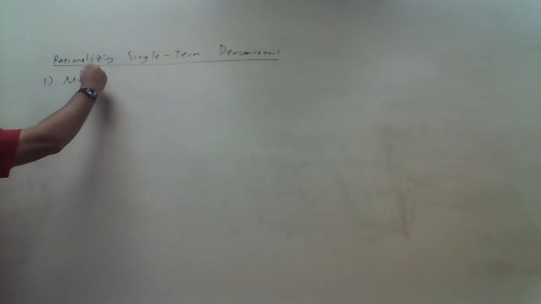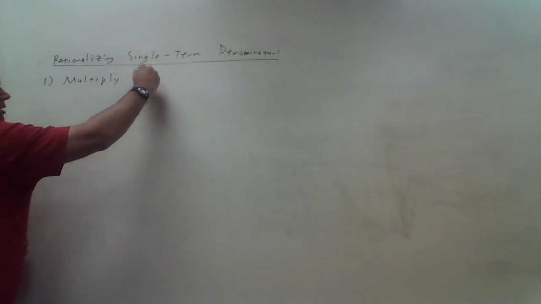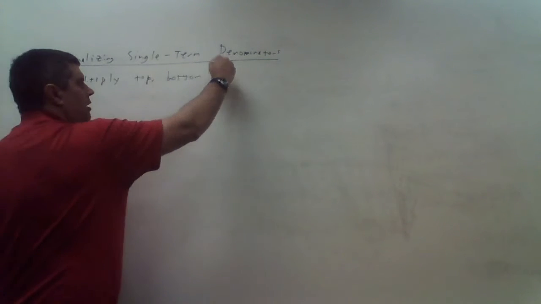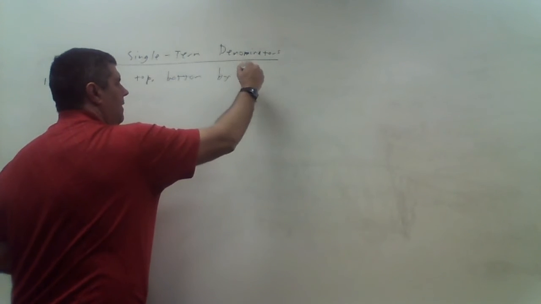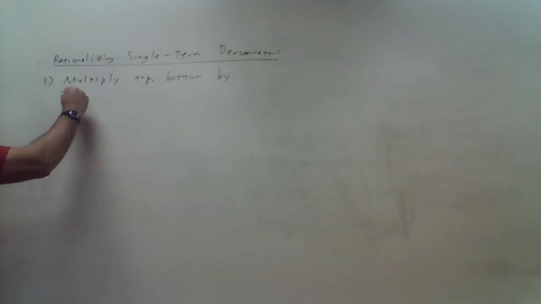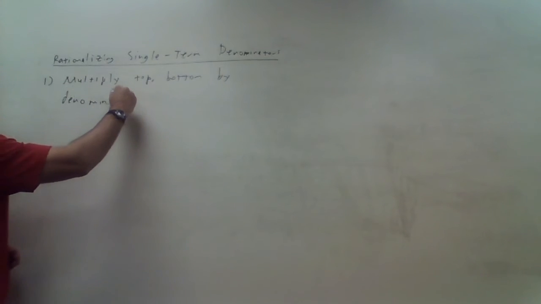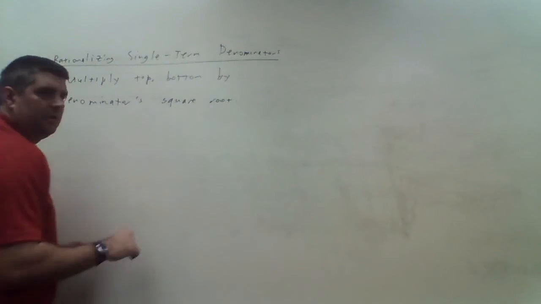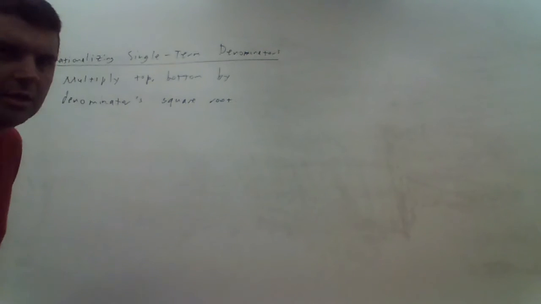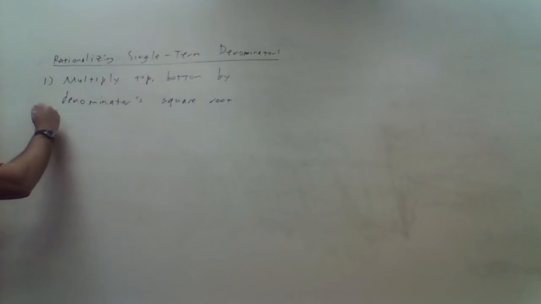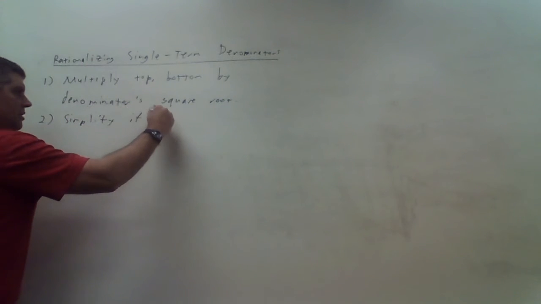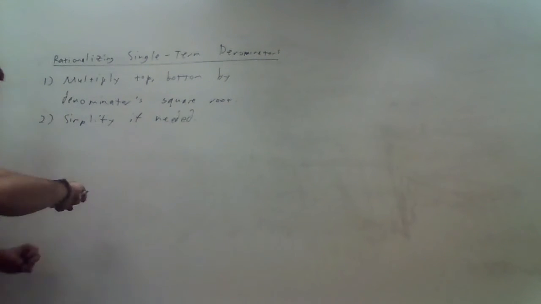Step 1: Multiply top and bottom by the denominator's square root. Simplify if needed. Okay?